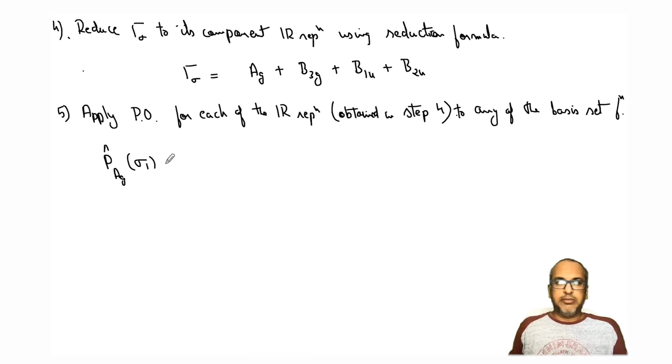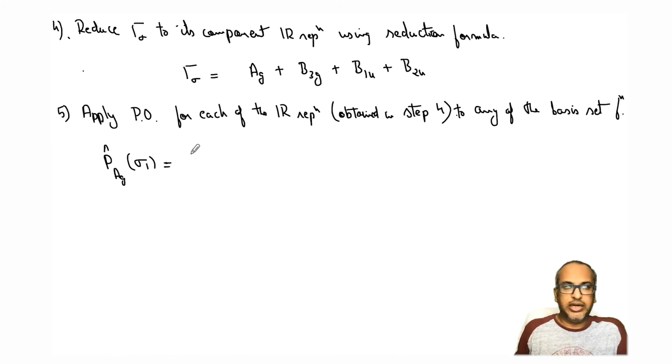They will all give the same result. It does not matter if you start with sigma 1 or sigma 2 or sigma 3 or sigma 4. So now what do I have here? Remember that the formula is L by H. L is the dimension of this representation, which is 1, and H is 8 here. That's the order of the group.